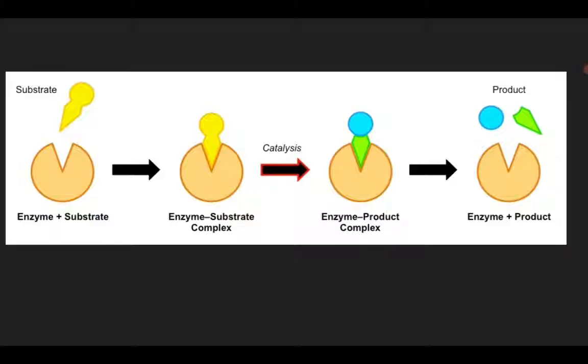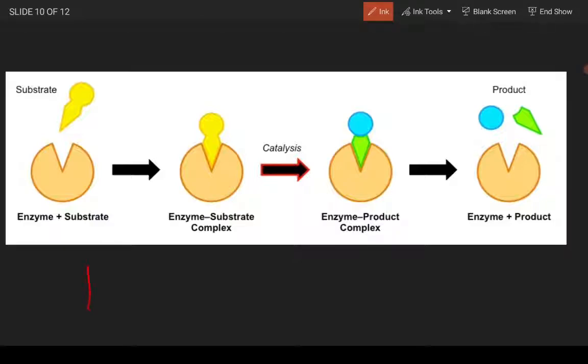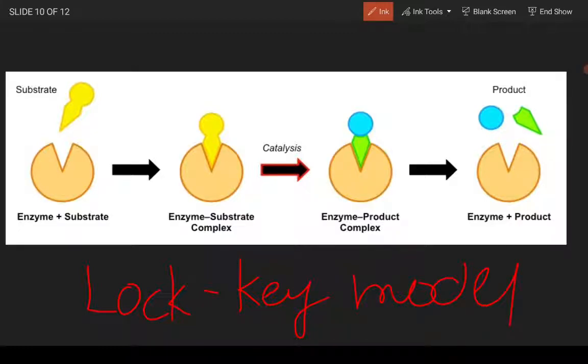Here another cartoon is showing the lock and key model given by M.L. Fisher. You can see the substrate is an exact fit to the enzyme active site. This is conical and this is conical, an exact fit, like a key fits into a lock. The substrate acts as a key and fits into the active site of the enzyme, and this enzyme substrate complex is formed.